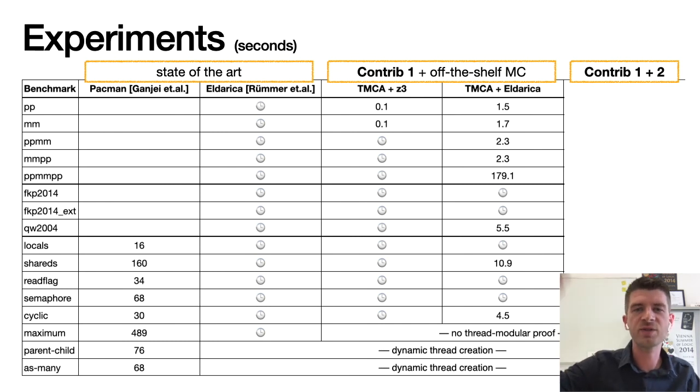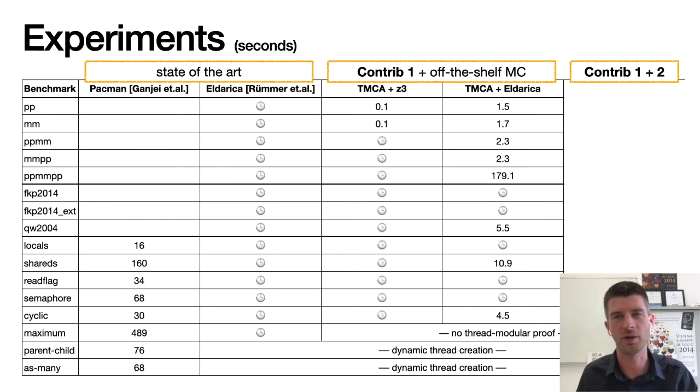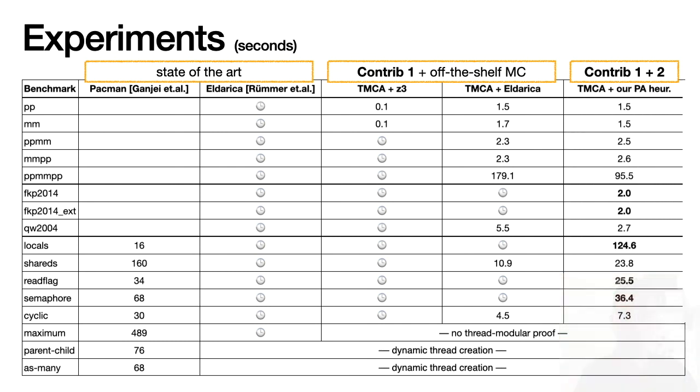And we see that this works better, but again, ELDWICA still times out on 5 of the benchmarks we have here. And this inspired us, because it's always due to loop unrollings, due to picking bad refinement predicates, to roll our own predicate refinement heuristic.